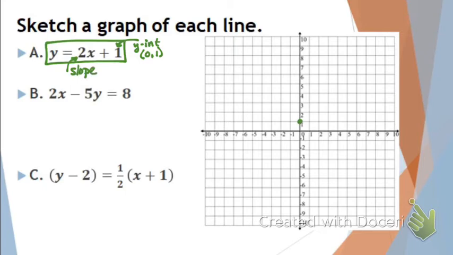From there, I'm going to go up 2 and right 1, up 2 and right 1 until I can't go any further. Turn it around and go the opposite direction to get the most precise line you can. And then we grab our straight edge and trace through it. Yes, if you want rulers, if you want colored pencils, absolutely, you may have those on the test.